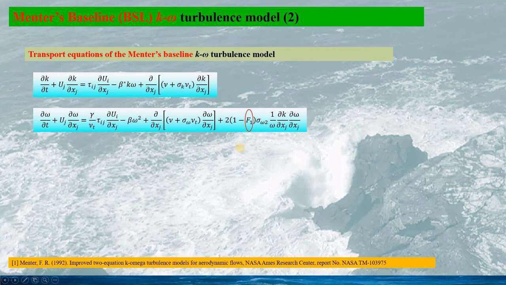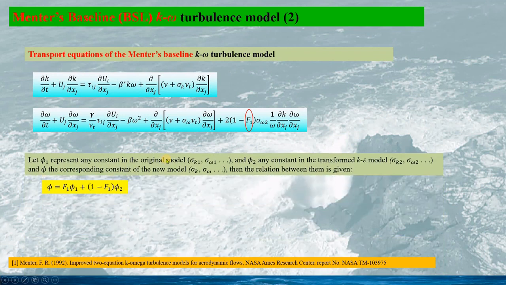Strictly speaking, Menter's baseline K-omega turbulence model is a zonal model that uses the blending function F1. When F1 equals 1, the original K-omega model is employed. When F1 equals 0, the transformed K-epsilon model is used. And in between, the blending process is used.